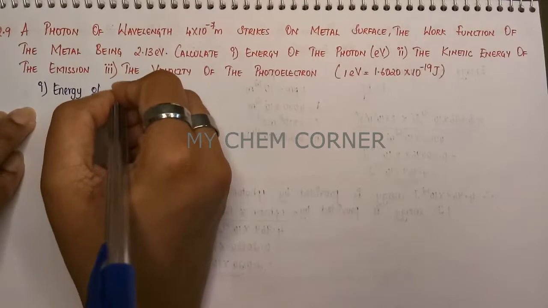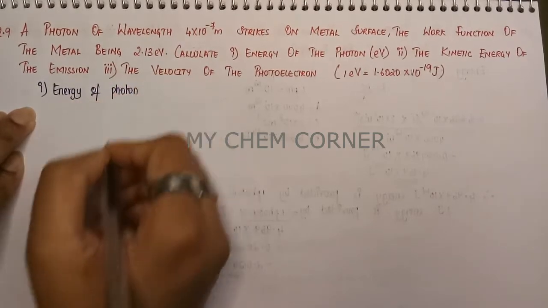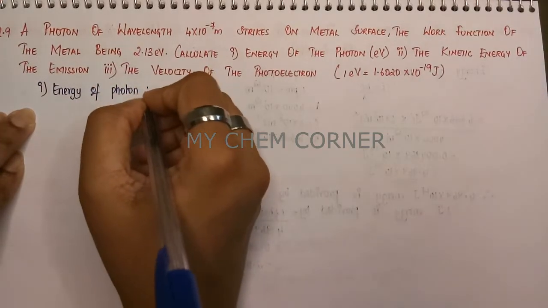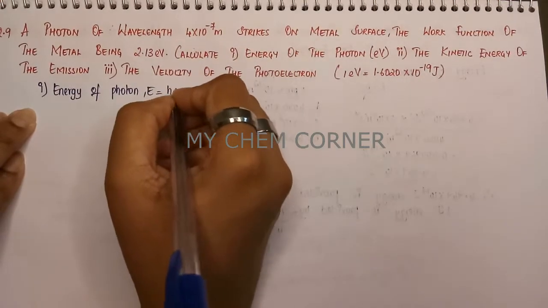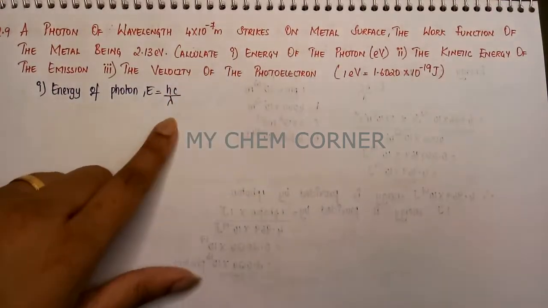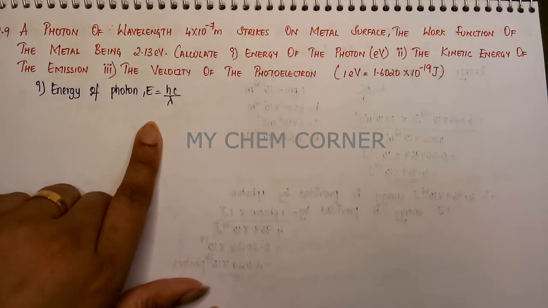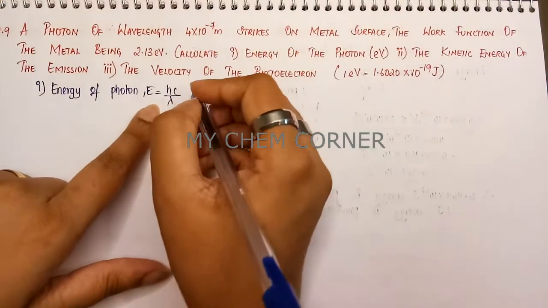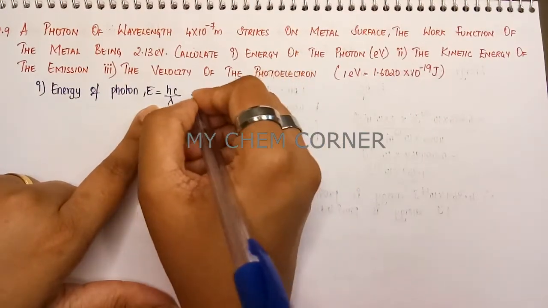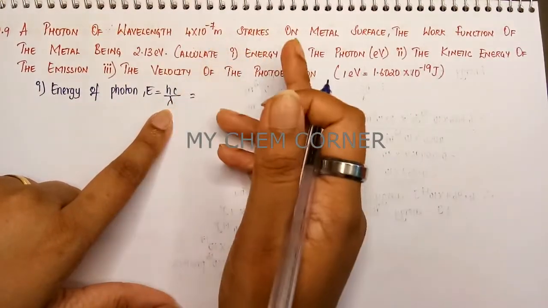So energy of photon, which is denoted as E, is hc by lambda. We are using this relation because lambda value is given to us. Now for this, lambda is given to us in meters, so conversion is not needed.